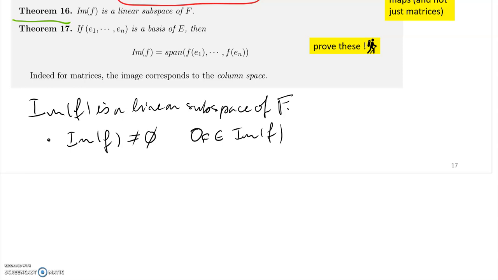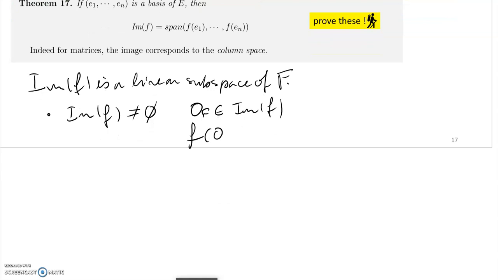How do we know that? Because we know that the image by function f of the zero element of E, by linearity, that was one of the previous propositions, is equal to 0F. So there exists an item in E, which happens to be 0E, such that f of 0E is equal to the 0 of F. So 0F belongs to the image of f.